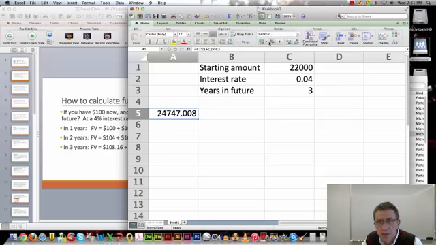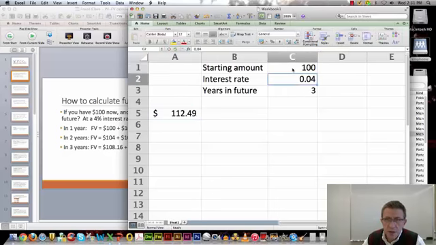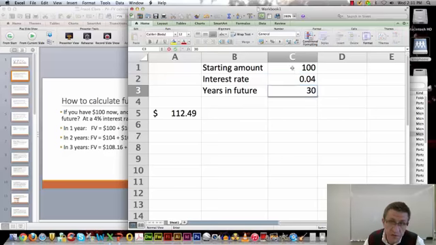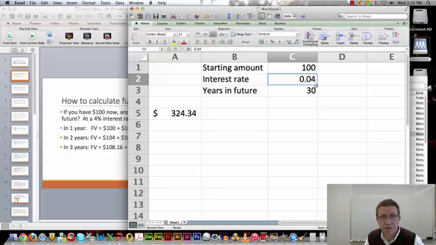Why don't we convert this into money? There we go. Or let's move this back to 100 and say, forget about 3 years, saving for 30 years. Well, that $100 turns into $324.34. You can change the interest rate. Often people use a 10% or 12% interest rate to show what will happen if you invest in the stock market over the long term.